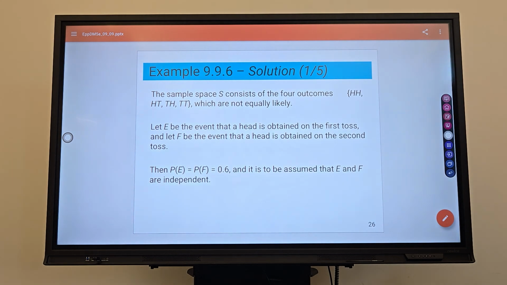Sample space S consists of 4 outcomes, which are not equally likely. Let E be the event that a head is obtained on the first toss, and let F be the event that a head is obtained on the second toss. The probability of E and the probability of F both equal 0.6, and it is to be assumed that E and F are independent.